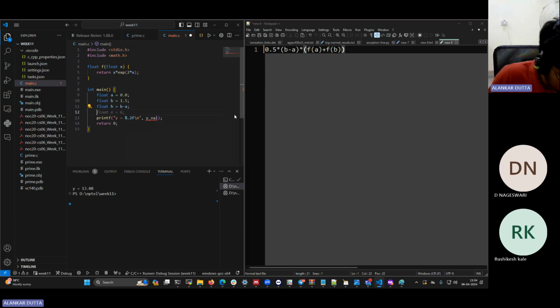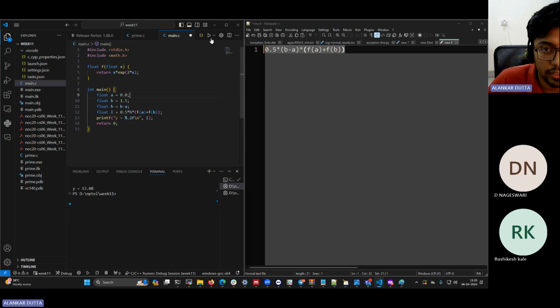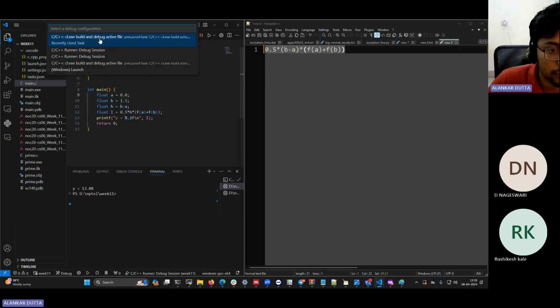Now let's find out I. The float I is, I'm just going to copy this, and instead of b minus a, just for simplicity I will put in h, and a and b are defined. This is the value of I which we are expecting, and then we will print. Hopefully everything ticks out, so let's run this.